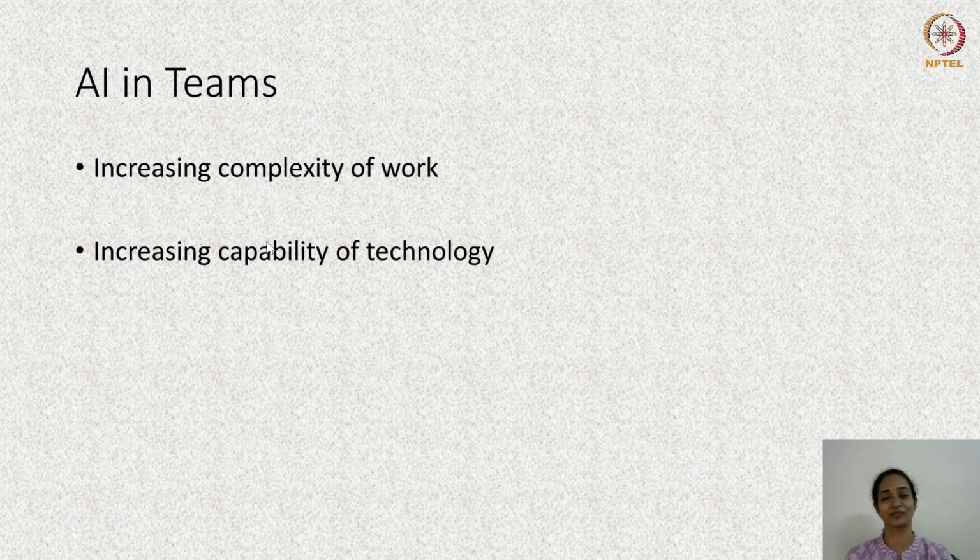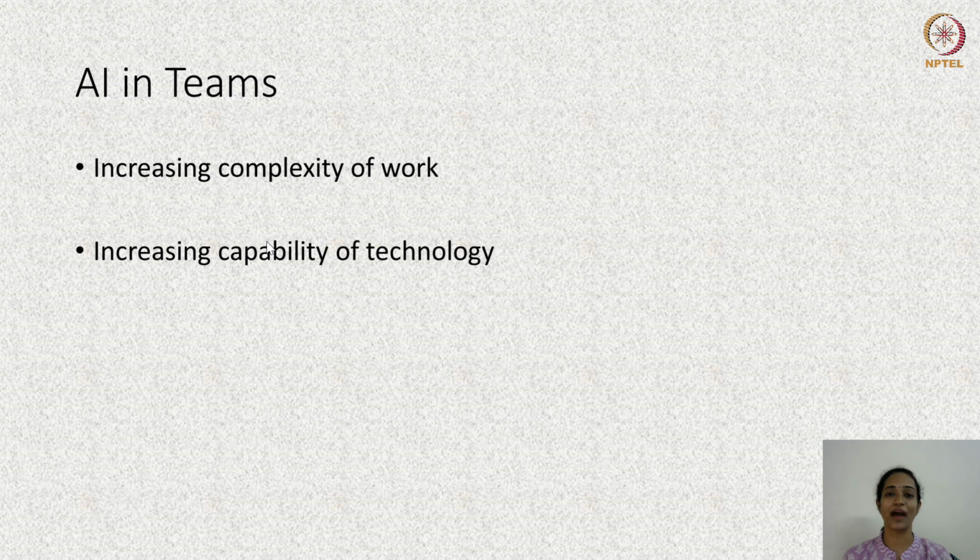That is how we find ourselves applying artificial intelligence in teams. The need to apply artificial intelligence in teams has been because of the increasing complexity of the work, and we are able to apply artificial intelligence in teams because of the increasing capability of technology.